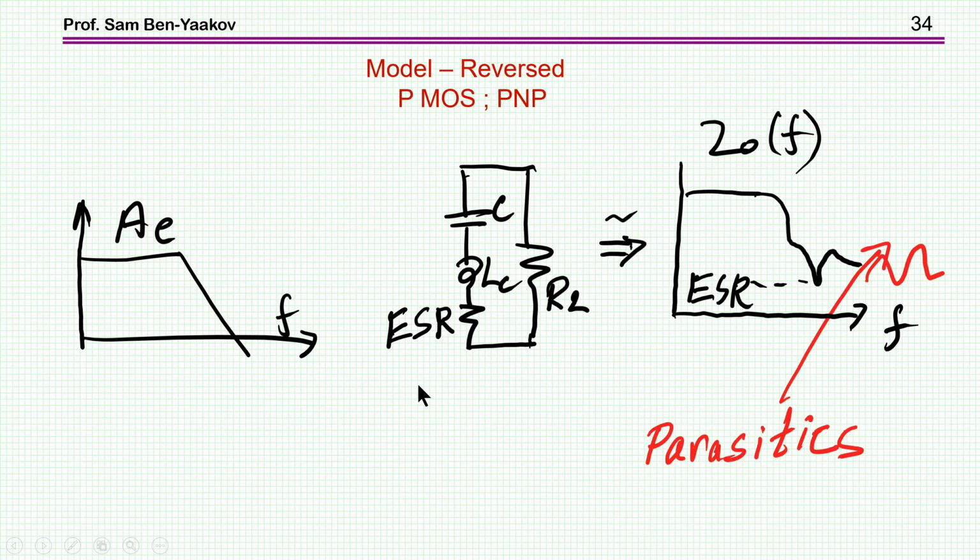I'm just showing here part of the parasitics. Of course, the transistor itself has capacitances, the circuit itself has capacitances, and these I've not considered, so you'd expect some sort of a behavior here depending on the parasitics.